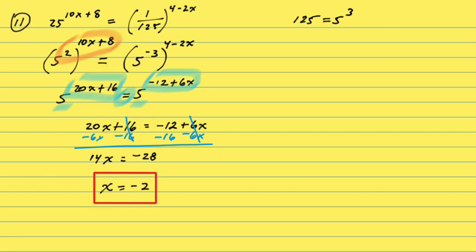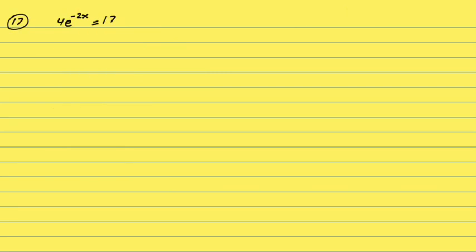Okay, I think somebody after 11, somebody had asked 17. This one has an e in it. So I'm going to isolate the x, so I got to divide by 4. That gives me e to the negative 2x equals 17 over 4.